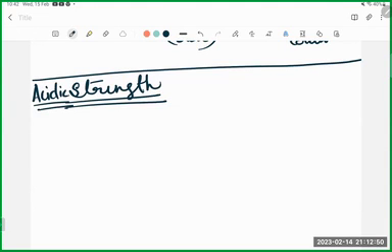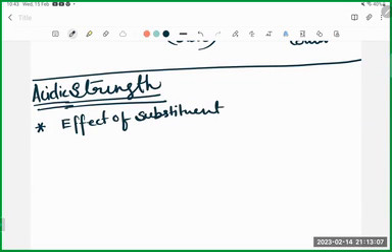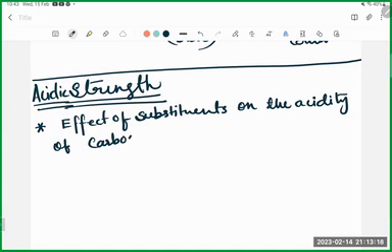When we are talking of carboxylic acid, there may be some effect by substituting the group. So basically, under this, we are learning the effect of substituents. If substituents are present, how are they going to influence the acidity of carboxylic acids?